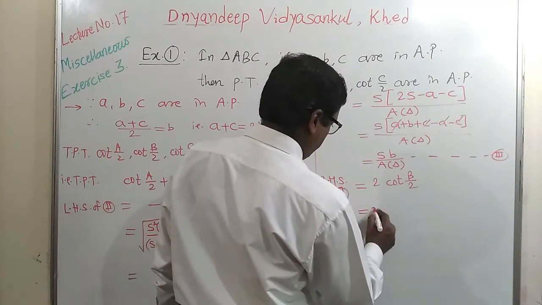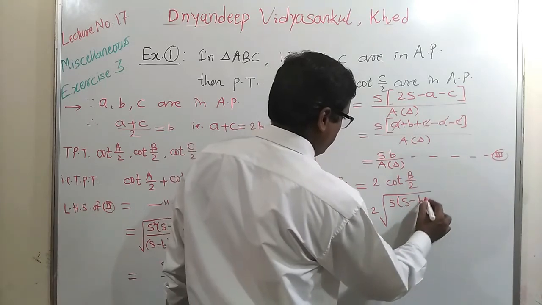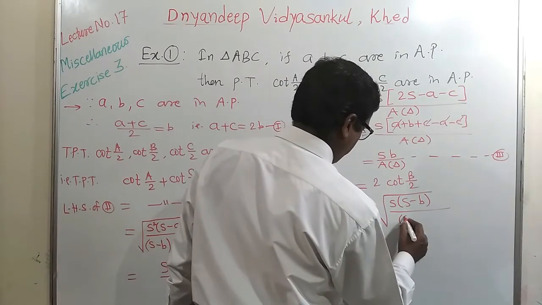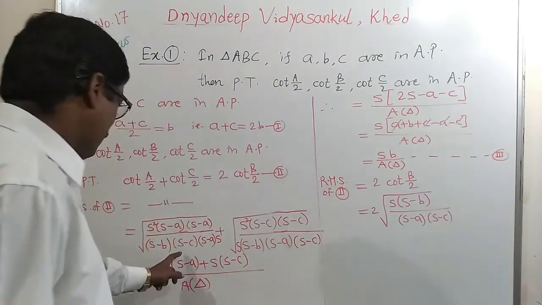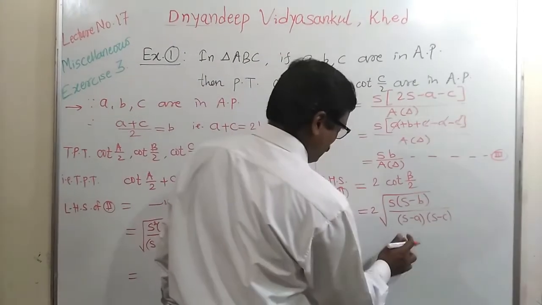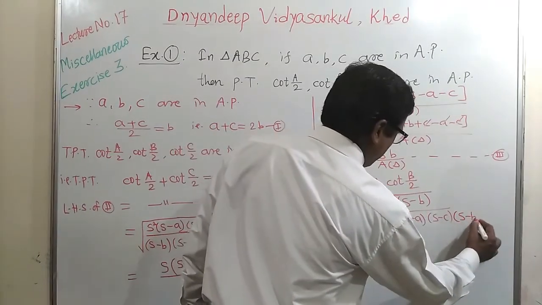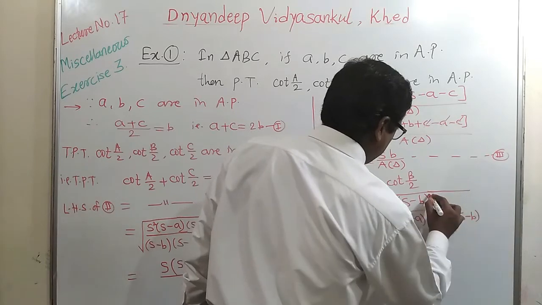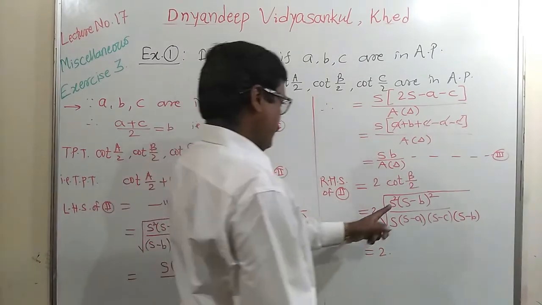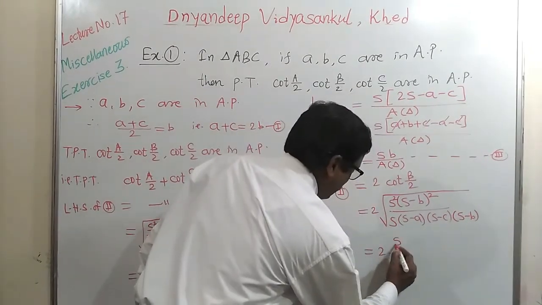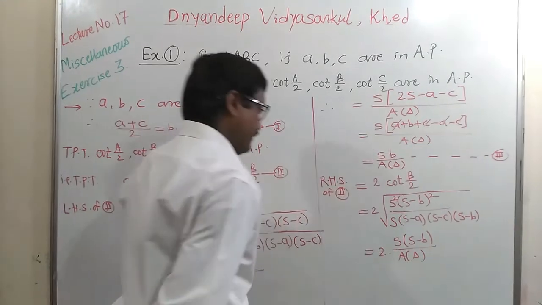It will be 2 under root S into S minus b upon S minus a, S minus c. Once again, operate the similar steps here. Multiply numerator and denominator by S, so it becomes S square. Then multiply denominator and numerator by S minus b, so we get here S minus b square. That is equal to 2 into S and S minus b coming outside, and at the denominator it is the area of triangle, the same.